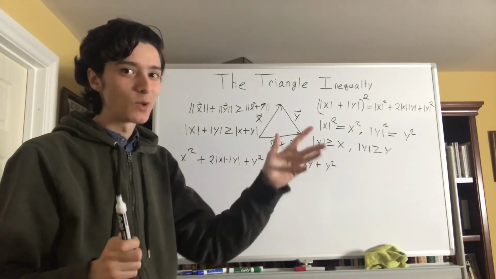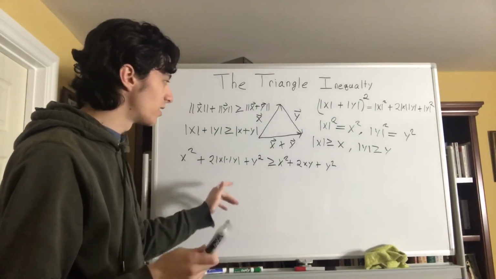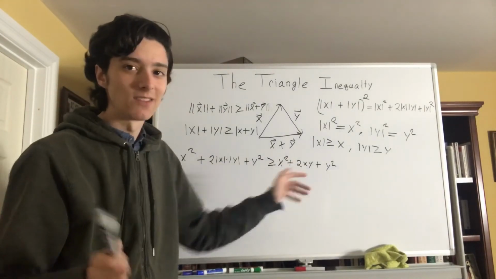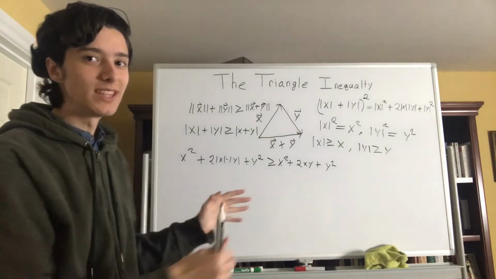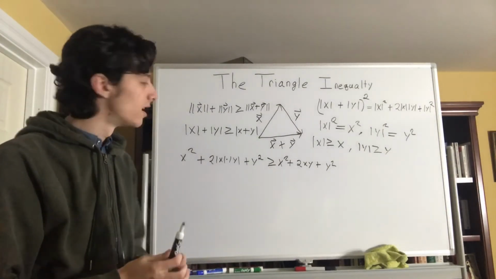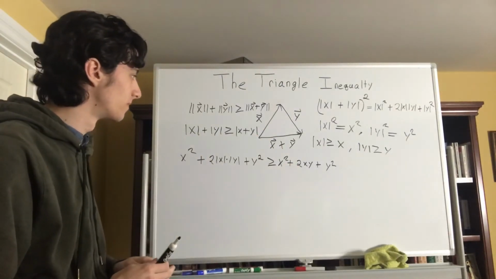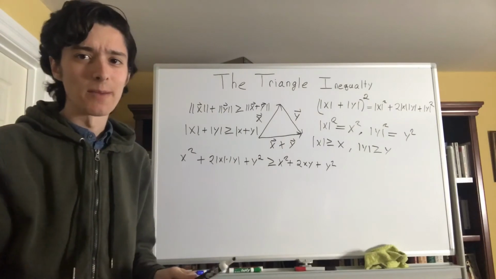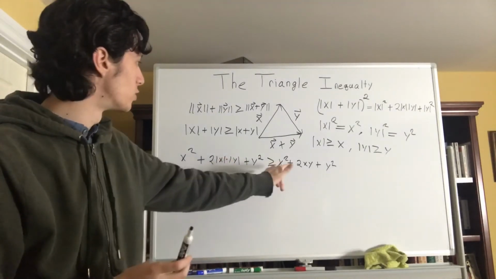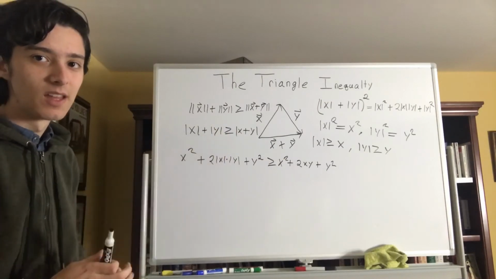Absolute value of y is greater than or equal to y. So this product is greater than or equal to this product. And if that's the only thing that's different between these two expressions, we can definitively conclude that this is greater than or equal to this. Okay, but we've shown that this is true. That doesn't help us show that this statement is true, right?